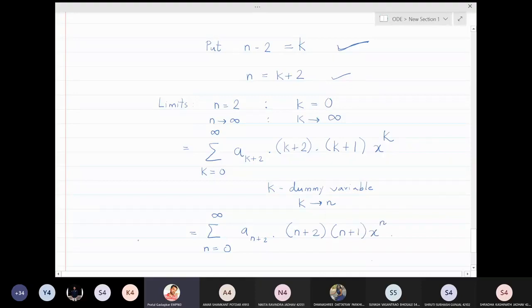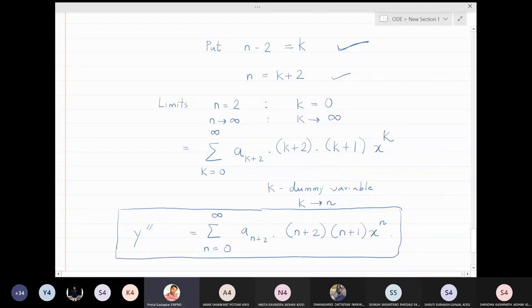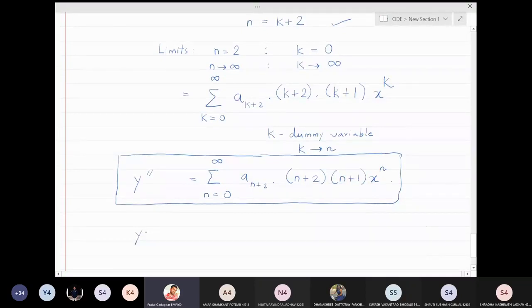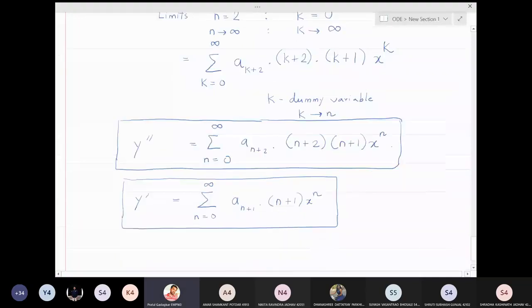So this becomes the expression for the double derivative, which is involving x power n. And if I recall, the expression for the derivative, y dash, was summation n going from 0 to infinity a n plus 1 into n plus 1 x raised to n. This was the expression for the derivative, and the expression for the original y is what?